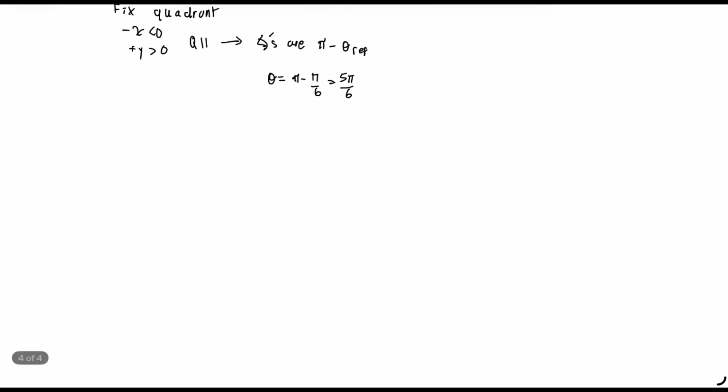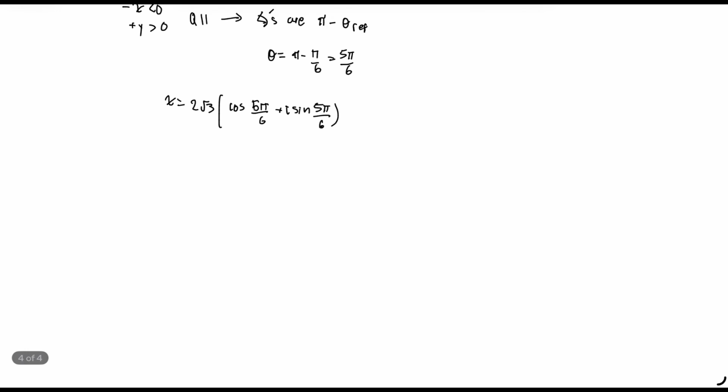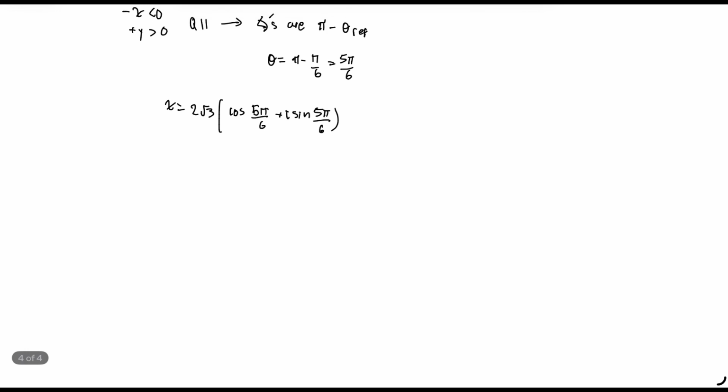So now you write your polar form. z is equal to 2√3 times cosine of 5 pi/6 plus i sine of 5 pi/6. Now you can solve this step by step, so you can distribute. Oh, actually, this is fine.